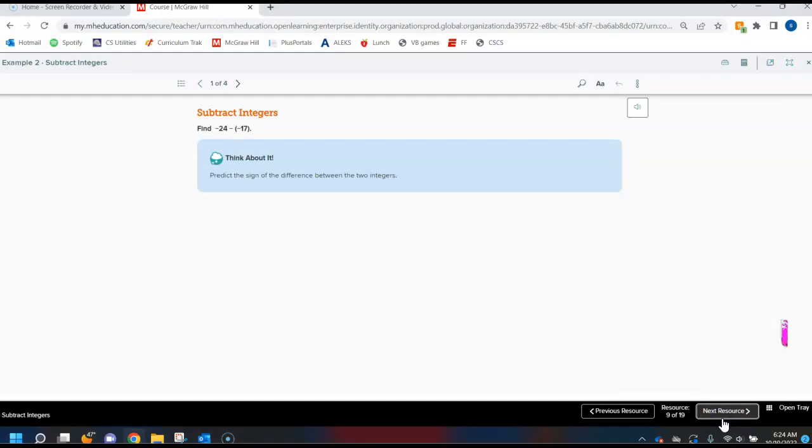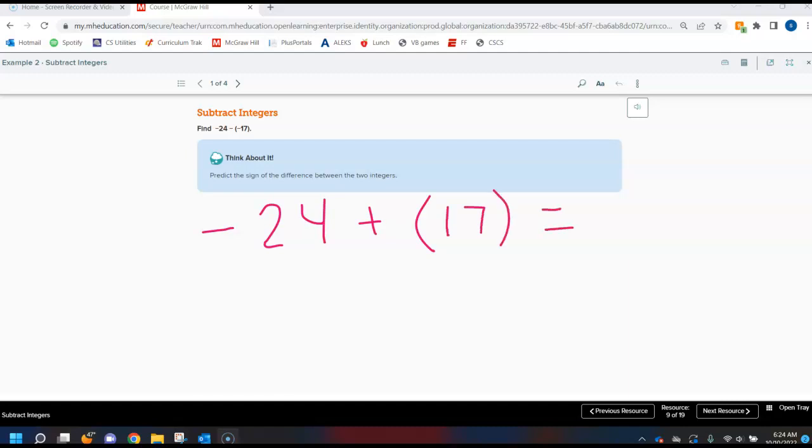So negative 24 minus negative 17. Again, we're going to make this negative 24 plus positive 17. So a negative plus a positive, remember what we did there, we would have to do 24 minus 17, which is 7.